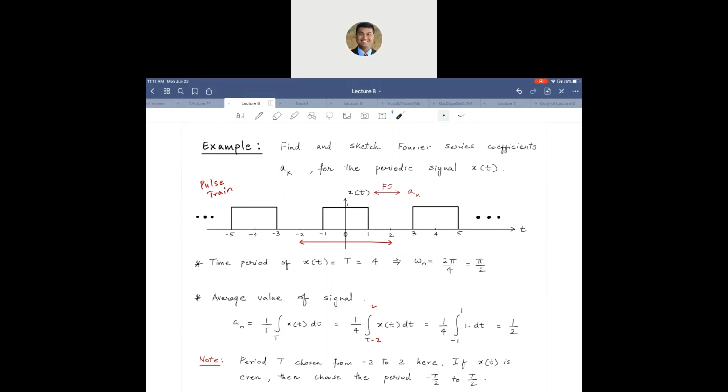We were able to do this as an approximation, not an exact representation of x of t.